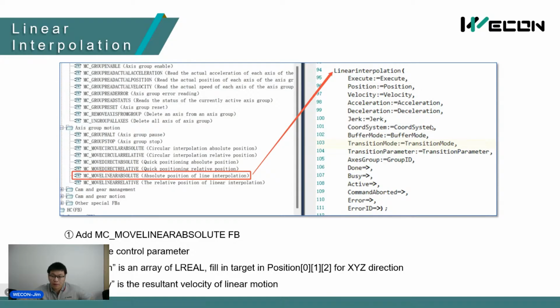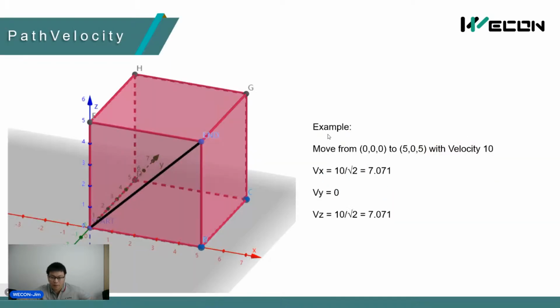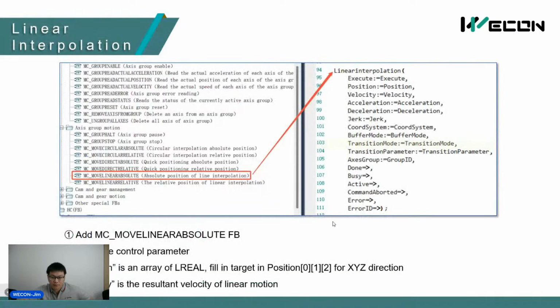Okay, and this velocity is the resultant velocity of the linear movement, just like this one. You can also understand it as the line speed from here to here. And the other parameters are acceleration, deceleration, and jerk.